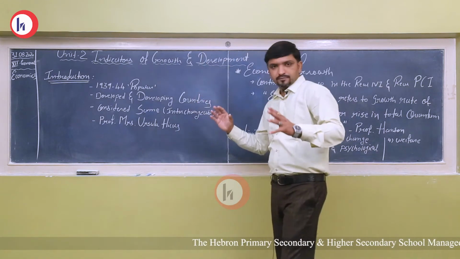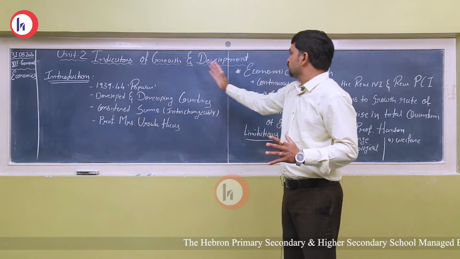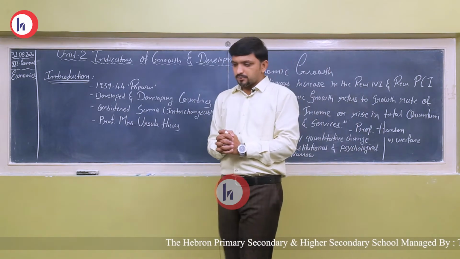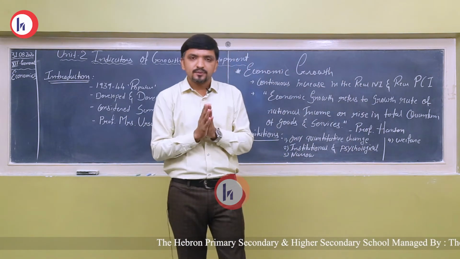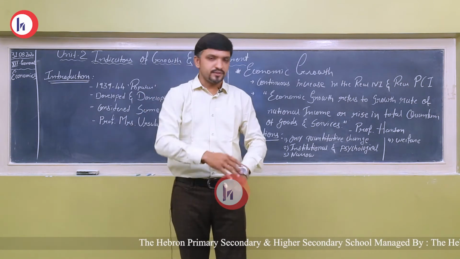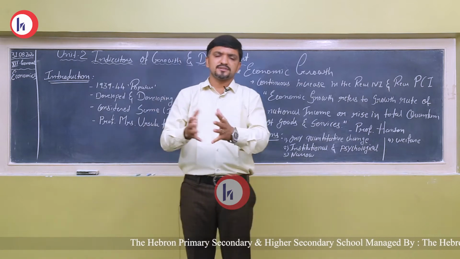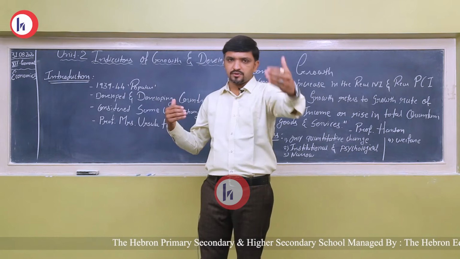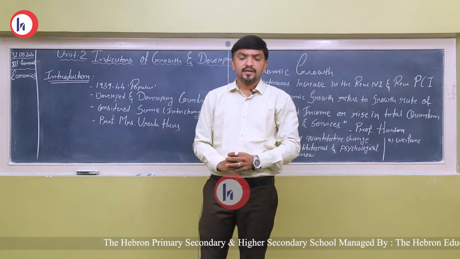Now, see, the name is Indicators of Growth and Development. Now, indicators. Suppose we are traveling from Kankaria to Gujarat University. For some reason, you are going to Gujarat University from Kankaria and you don't know the route.